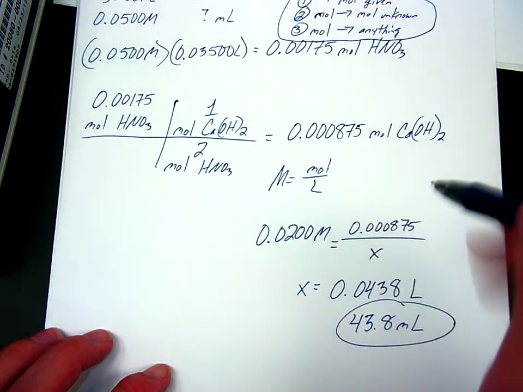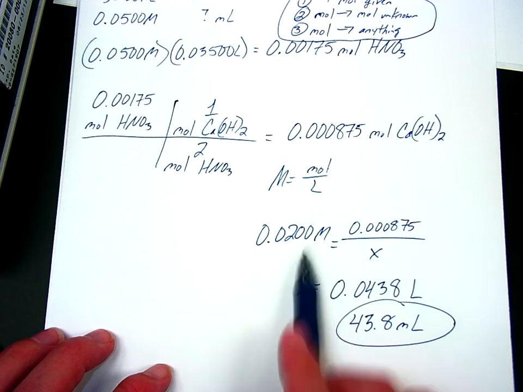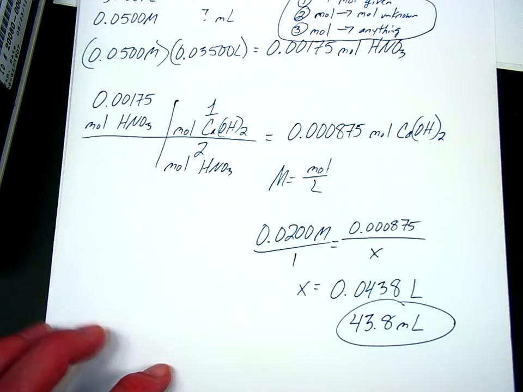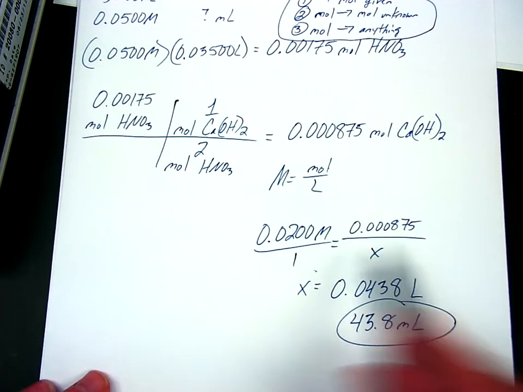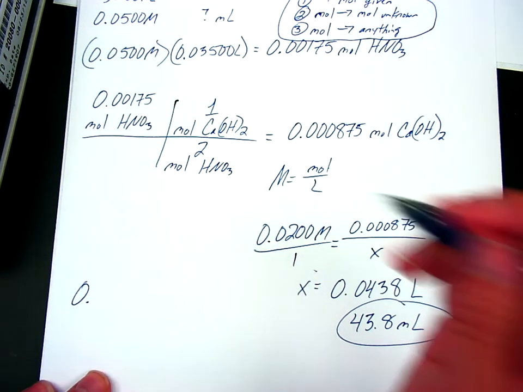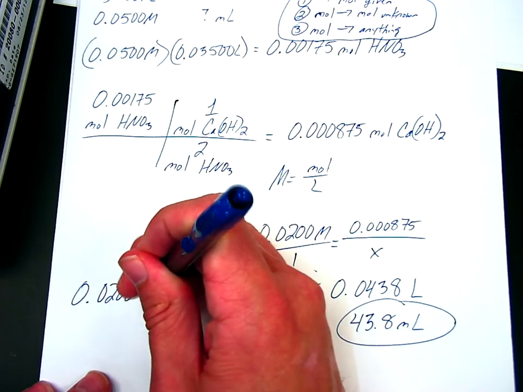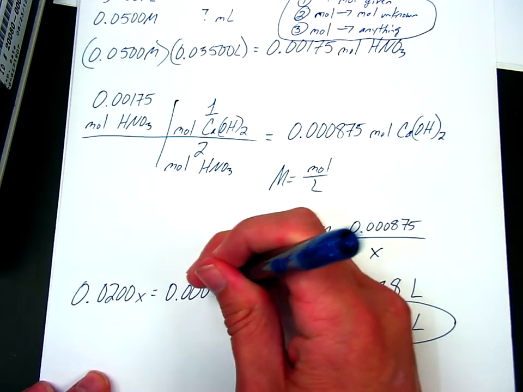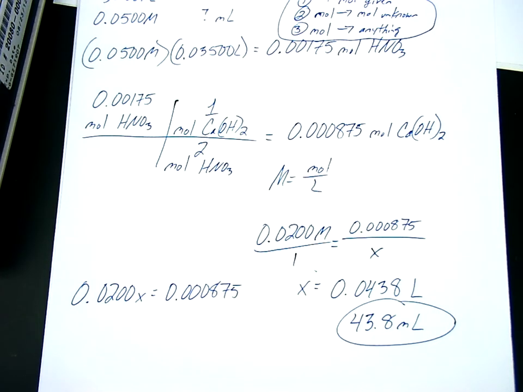Then we have to do our algebra and solve for X. If I put that whole number over 1, it ultimately turns into 0.0200x equals 0.000875.